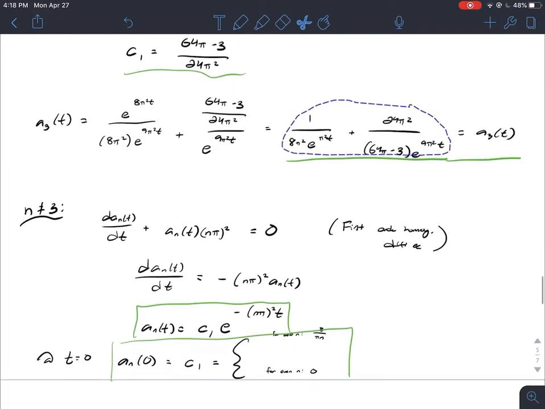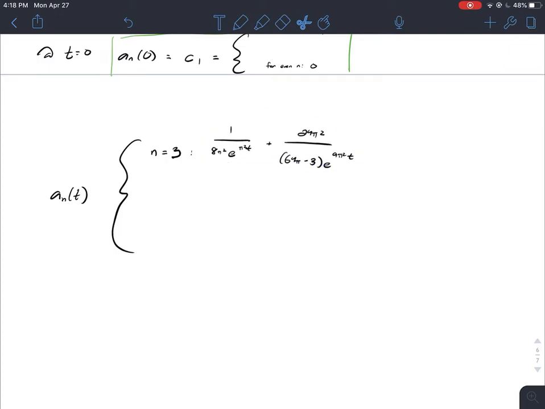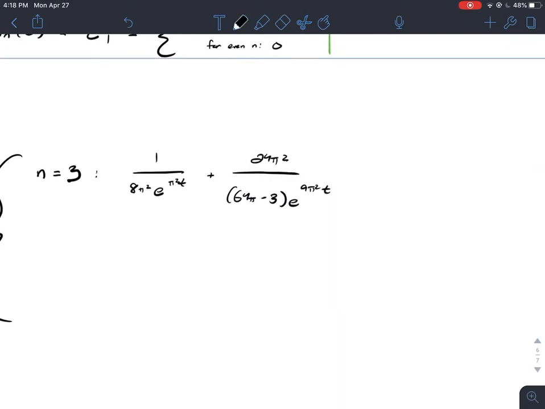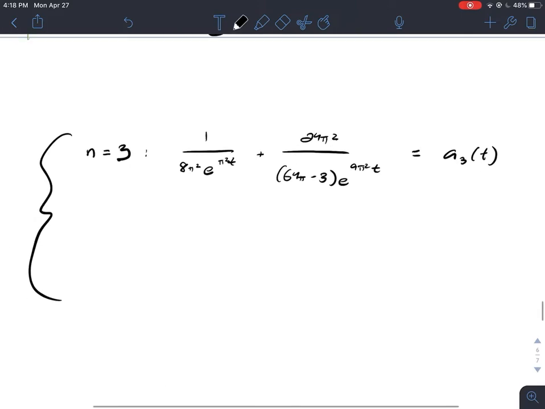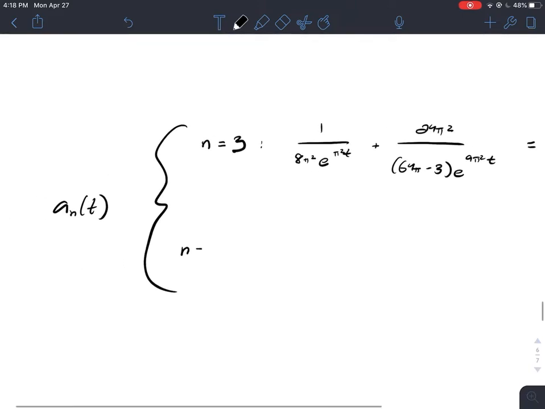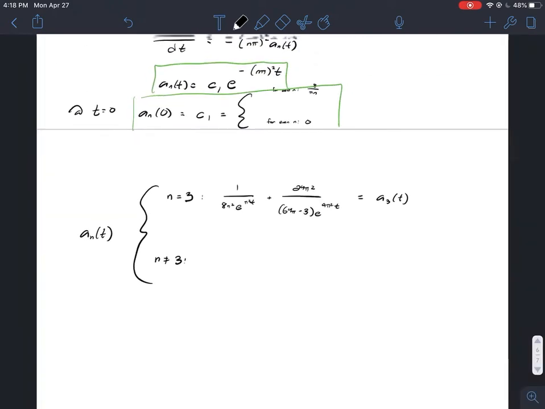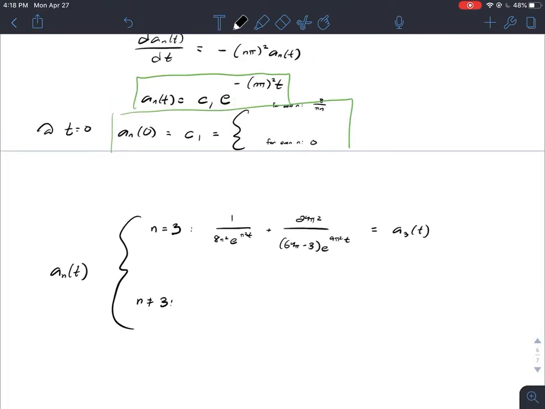So for when n is equal to 3, this is going to be equal to a sub 3 of t. So for the very special case of n equals 3. However, when n does not equal 3, we have a dependence on odd n or even n.